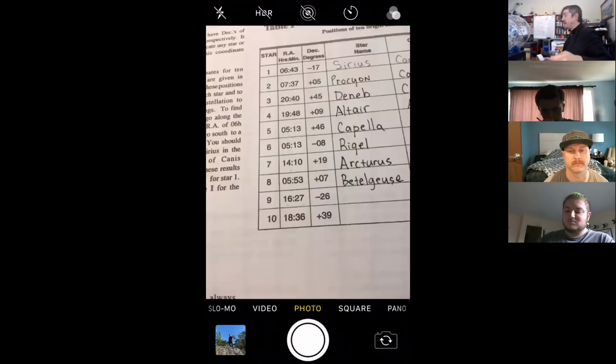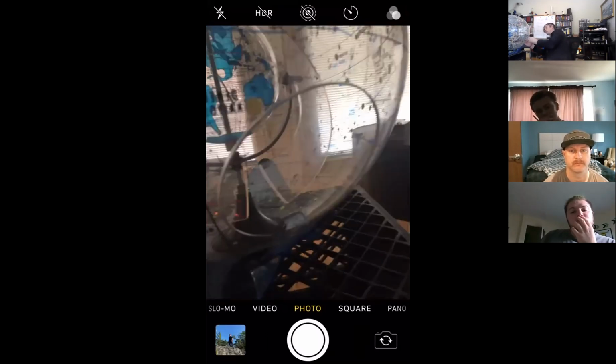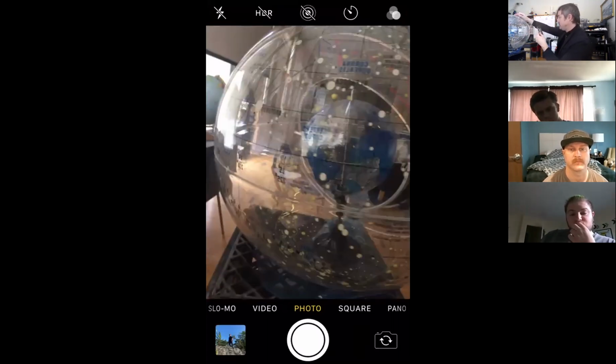The next one we're going to do is 1627 and -26. So this one will be hard, Ava, because it's on the other side of the globe. I only have access to the globe from that hole, and the Earth is sort of in the way. So over here in 16, we're going to have to rough it, okay? There's sort of no good way.